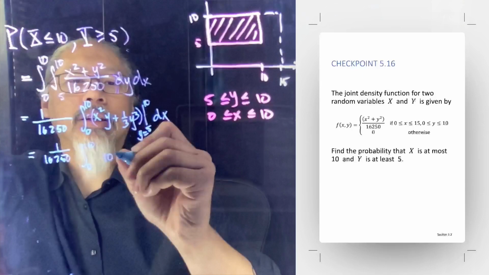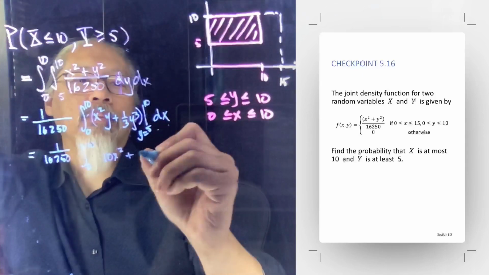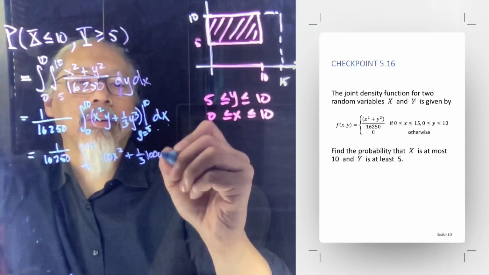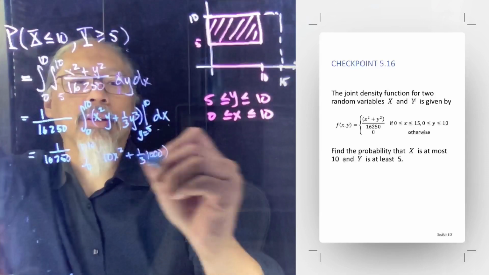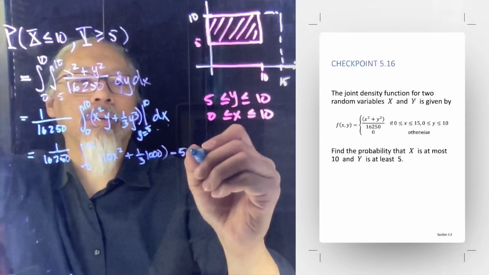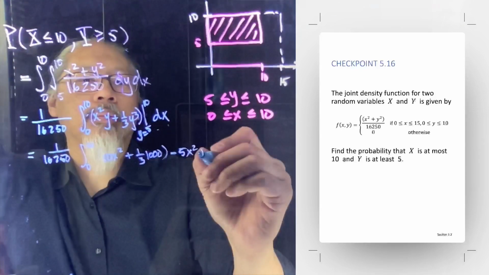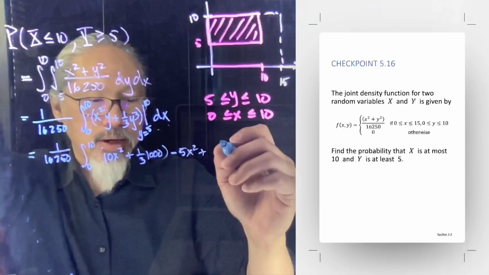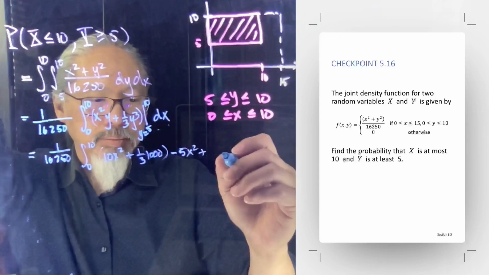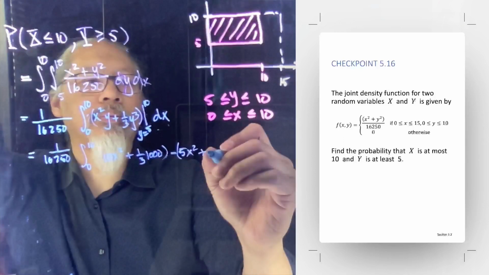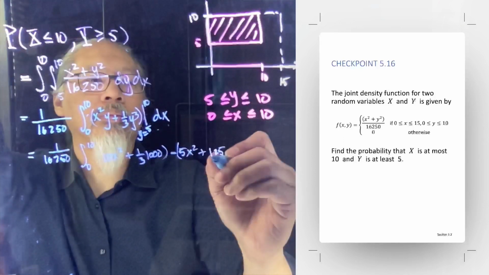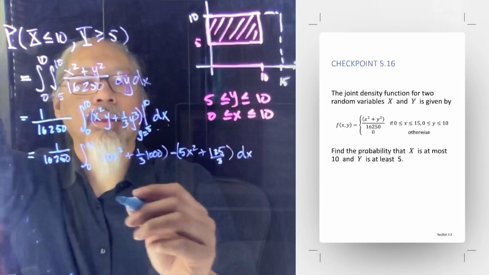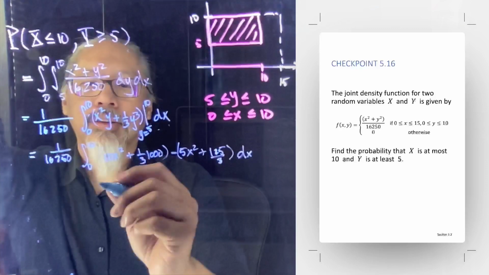So this would be 10x squared plus 1/3 times 10 cubed, which is 1,000, and we subtract off when we put 5 in there: 5x squared plus 1/3 times 5 cubed, which is 125, dx.